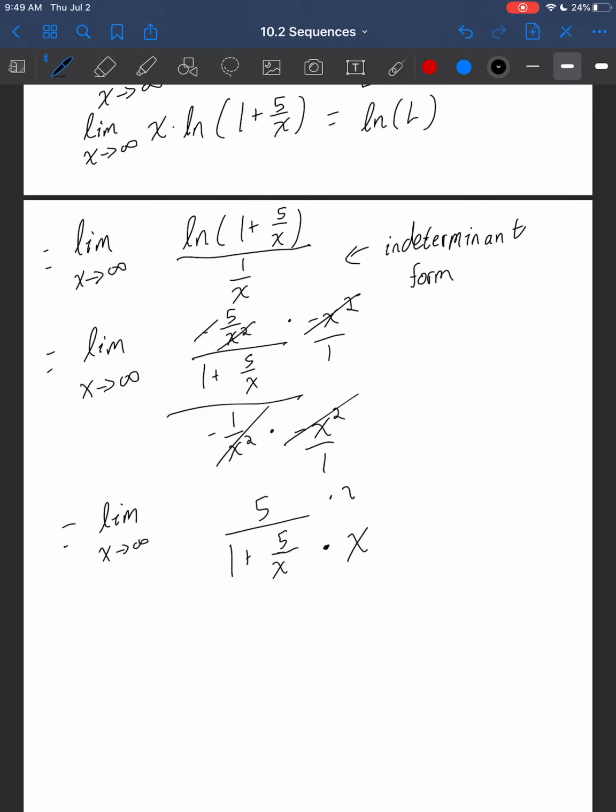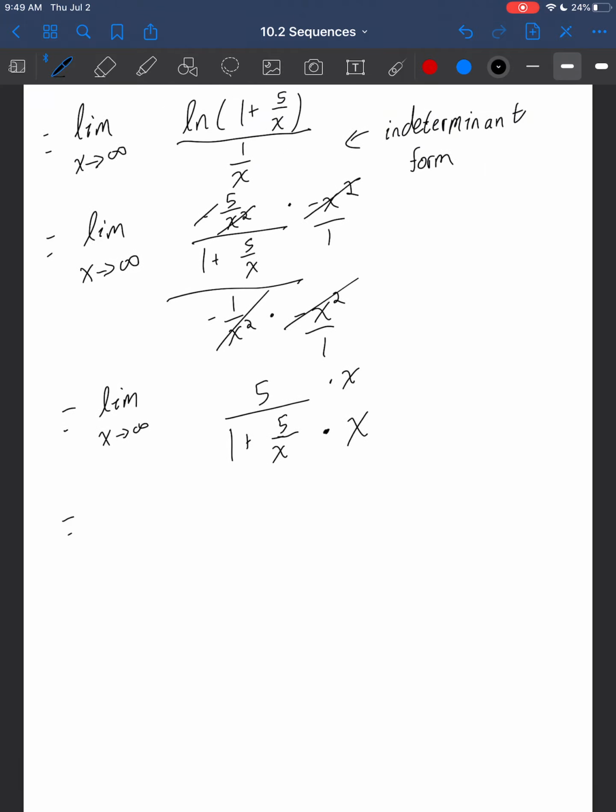And so if I multiply the top and bottom by x, this is going to be the limit as x goes to infinity of 5x over, the x distributes here, so I have an x and a 5, x plus 5, which is great, right?